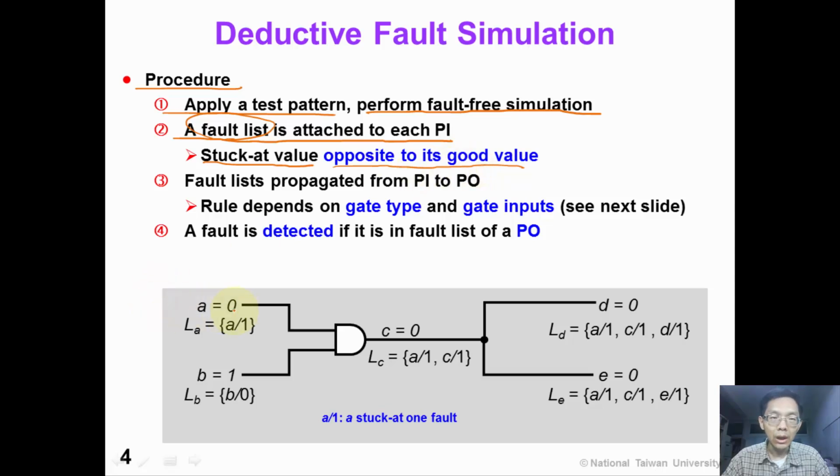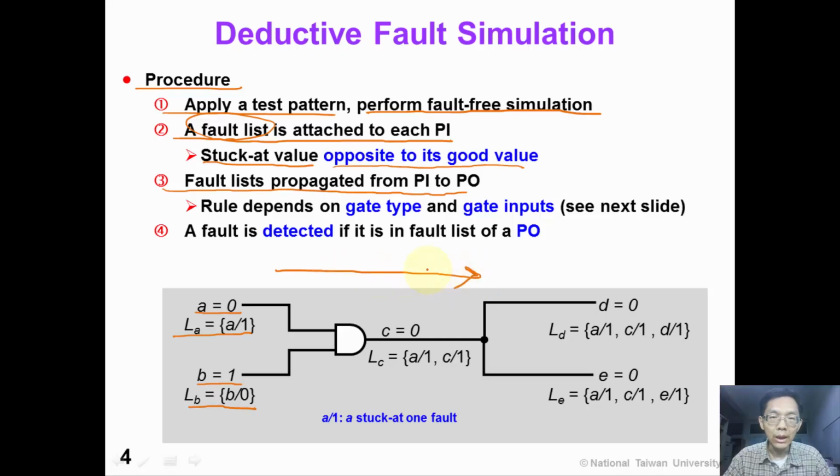For example, if A's good value is 0, then we attach the A stuck at 1 fault to the fault list. If the good value of B is 1, we attach the B stuck at 0 fault to the fault list. And then step number 3, we propagate the fault list from PI to PO.